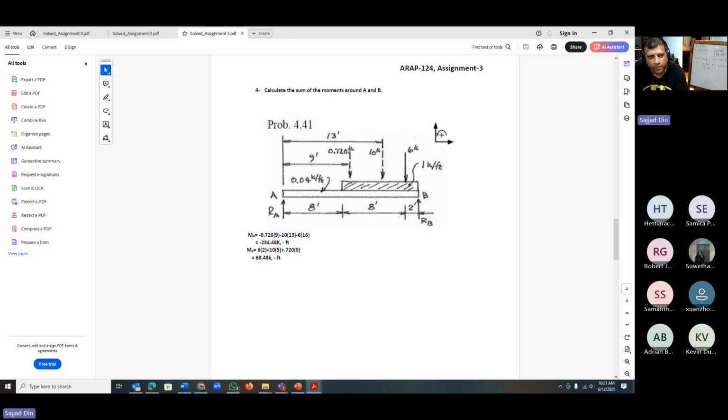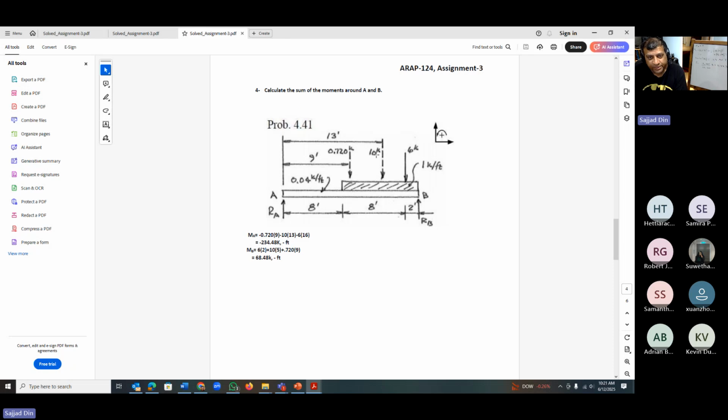So for the first one, 0.72K around A, moment around A, remember we're going to calculate the moment around A, multiply it by, what is it? This distance is 8 all the way to here, and it's actually 9 because this is the distance we're looking at. So it's going to be clockwise. So it's minus 0.72 times 9.